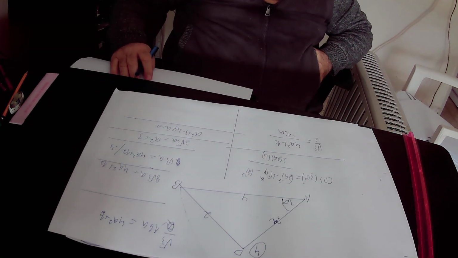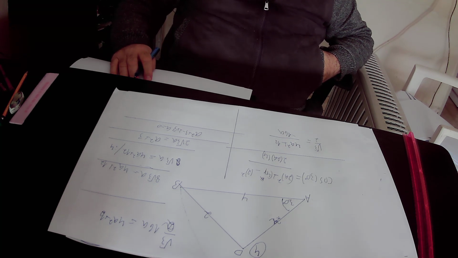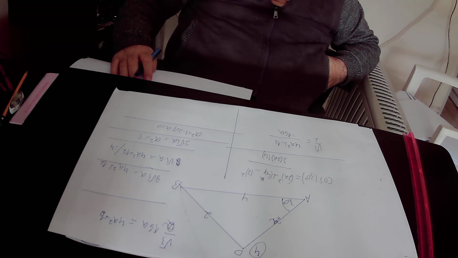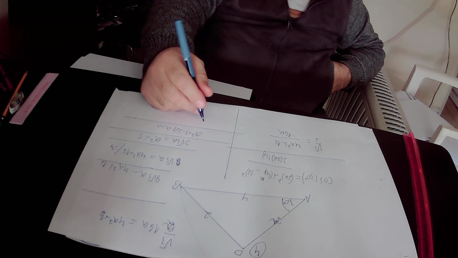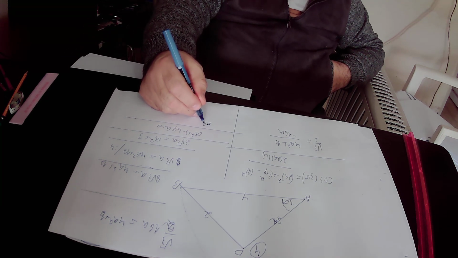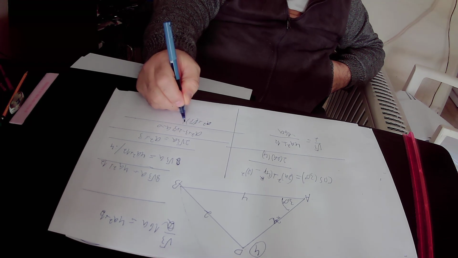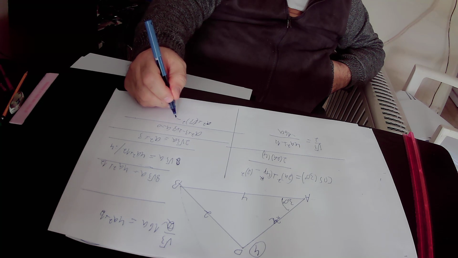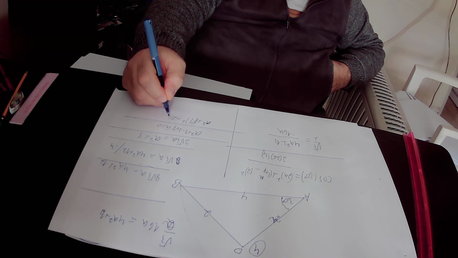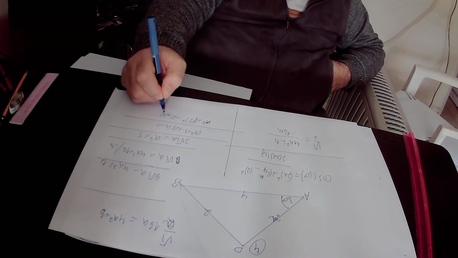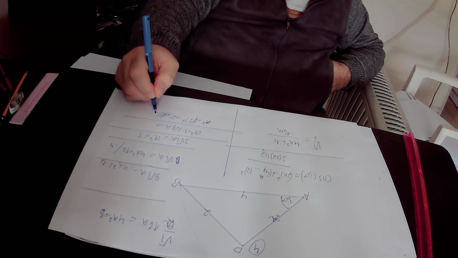Here we will substitute 3 by square root of 3 squared, because square root of 3 squared equals 3, and we will get a squared plus square root of 3 squared minus 2 times a times square root of 3 equals 0.